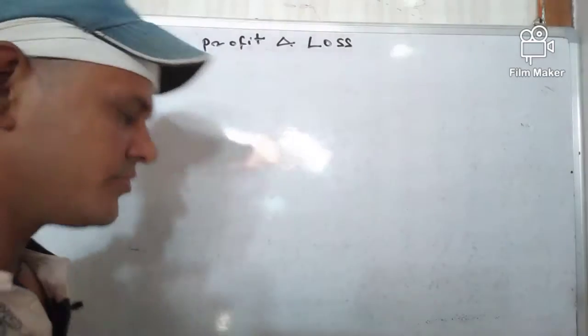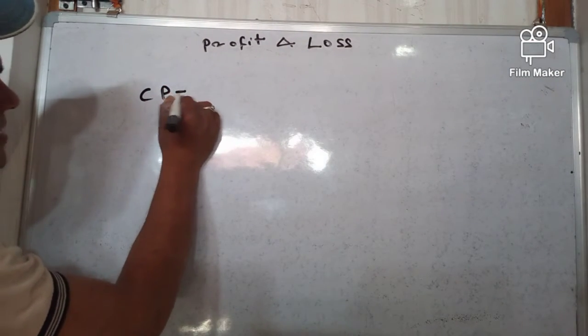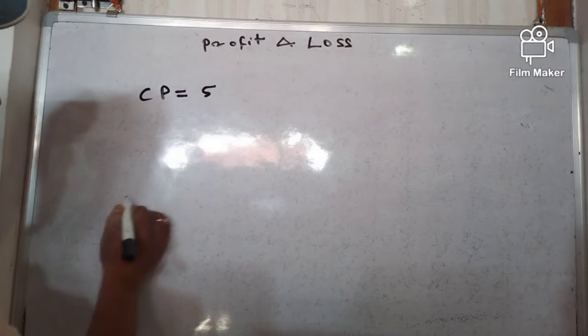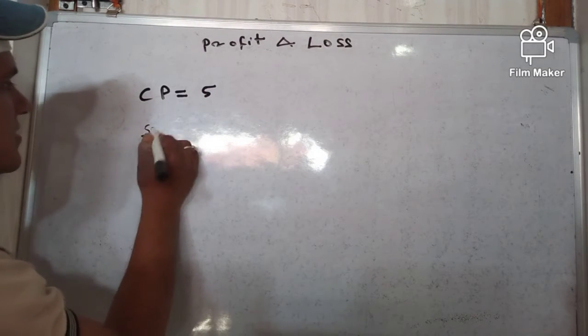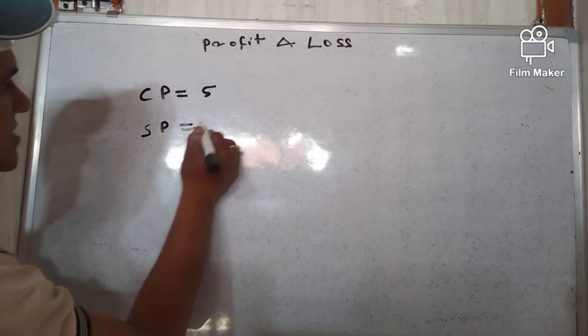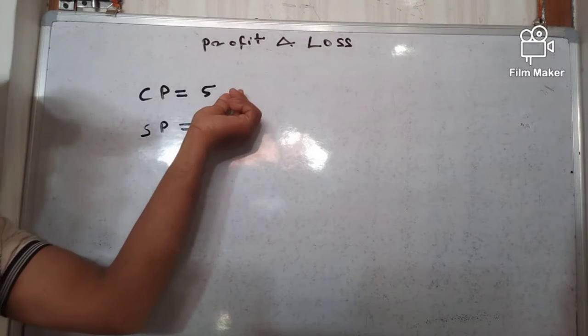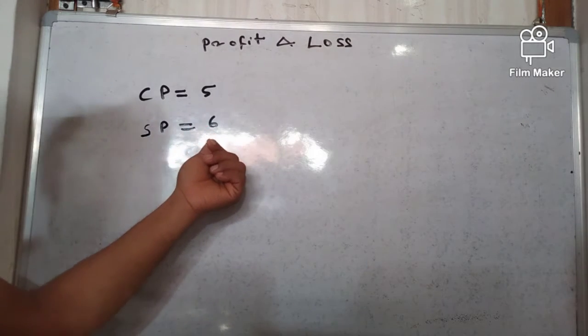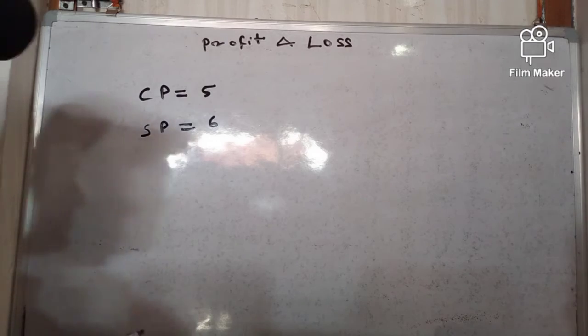So see here, his CP is 5 and he sold it for Rs 6. SP is greater than CP, so definitely it will be a profit.